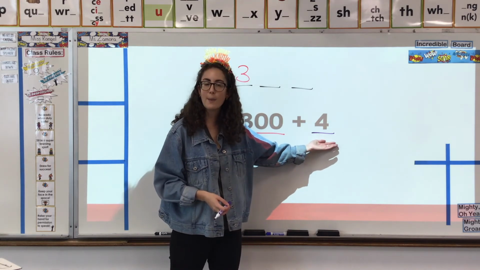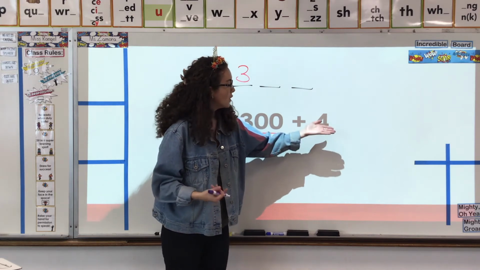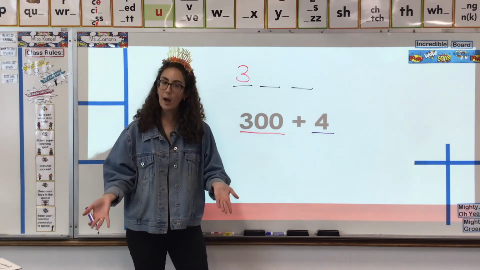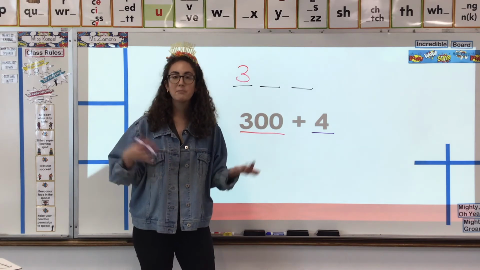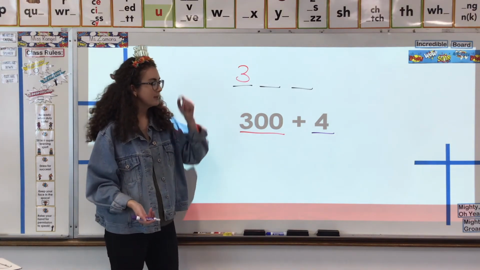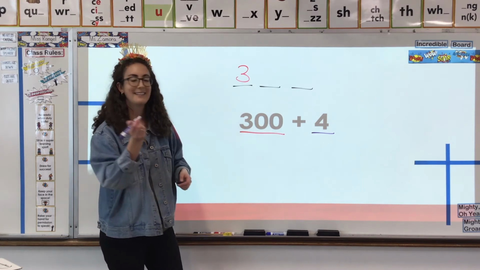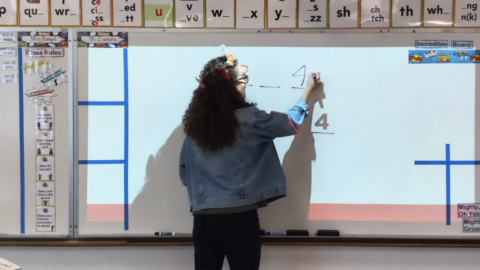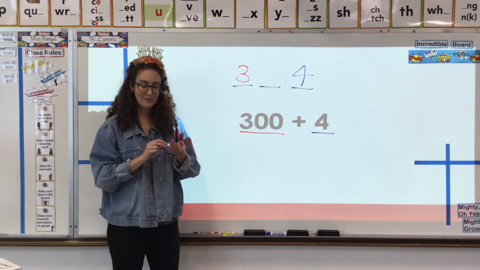When a digit is by itself, it's only holding ones. So if we have 4 ones, we want to write a 4 in the ones place. So can you write a 4 in the ones place to show this? We have a 4 in the ones place, all the way to the right.